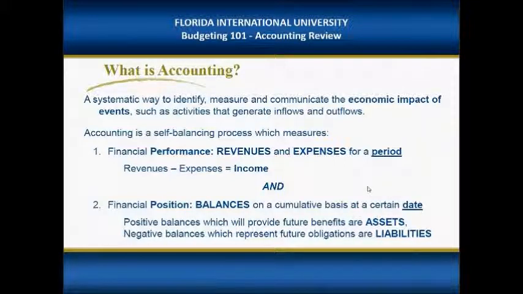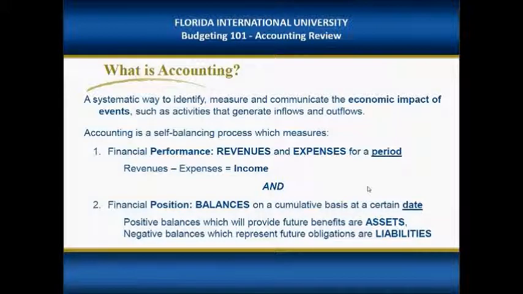Let's talk about the other side now, financial position. Financial position are the resulting balances of these events or activities that we measure on a cumulative basis. We go accumulating those balances, and we report it as of a certain date.